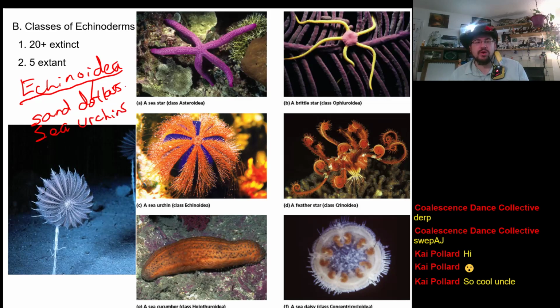If you've ever wondered what a living sand dollar looks like, this is a sea urchin, and a living sand dollar looks an awful lot like a very small sea urchin. So they have colorful skin and then little hairs coming off of them. They're very pretty. So Echinoidea, sand dollars, and sea urchins.